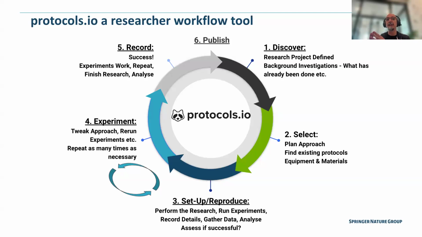You can create private forks to record tweaks, rerun them as necessary, create new versions to record your changes, and publish your optimized methods when finished in a detailed step-by-step format, all in one place.